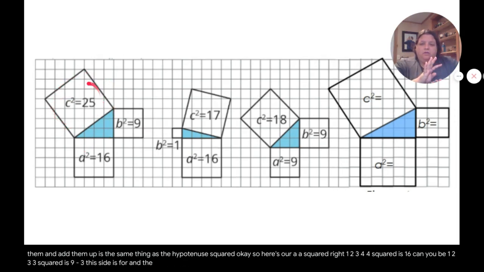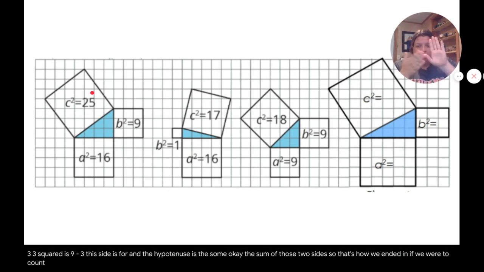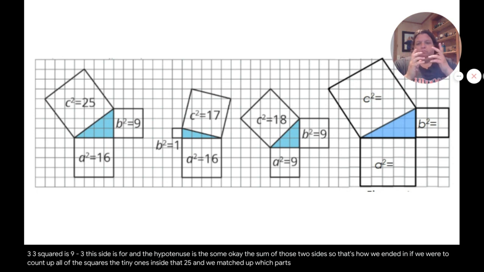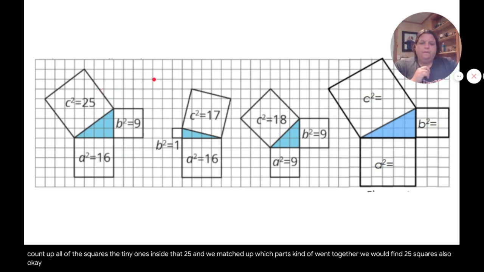And the hypotenuse is the sum of those two sides. And if we were to count up all of the squares, the tiny ones inside that 25, and we matched up which parts kind of went together, we would find 25 squares also, okay?